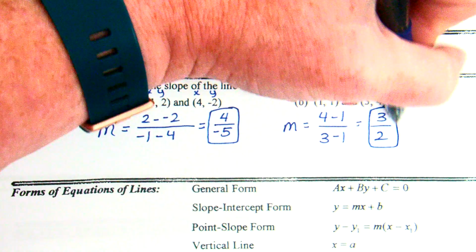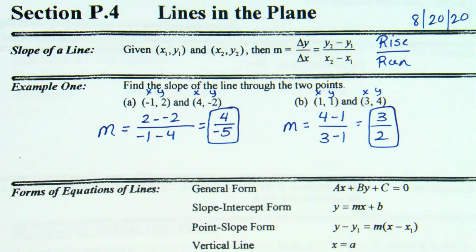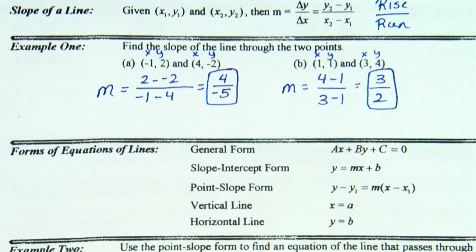Play the what-if game with me. What if you went the other way and did 1 minus 4 over 1 minus 3? You got -3 over -2. But what do we know about a negative divided by a negative? It's positive, so you'd still be able to say 3/2. Okay, nothing too crazy there, right?